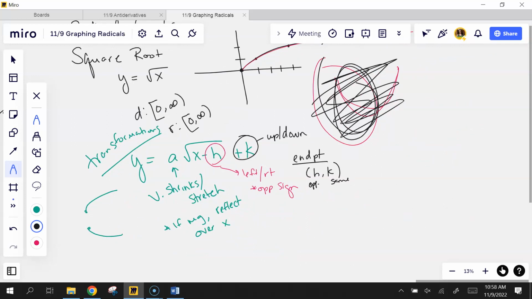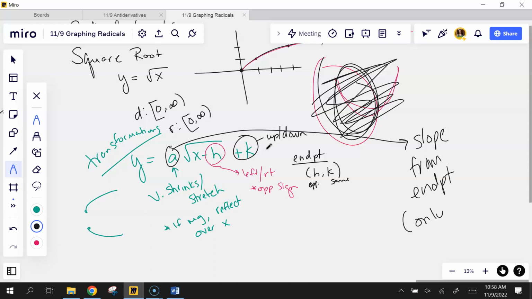Okay. Now, I can look at A as kind of a slope type situation, but it only works with the very first point from the turning point. So slope, well, from endpoint only, one point.